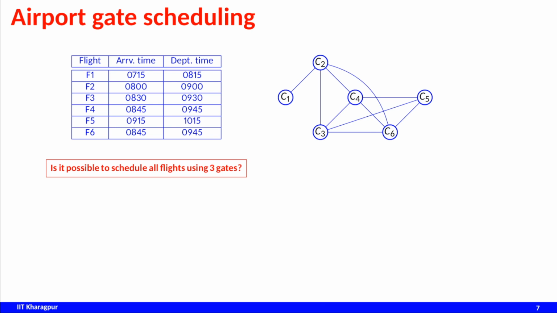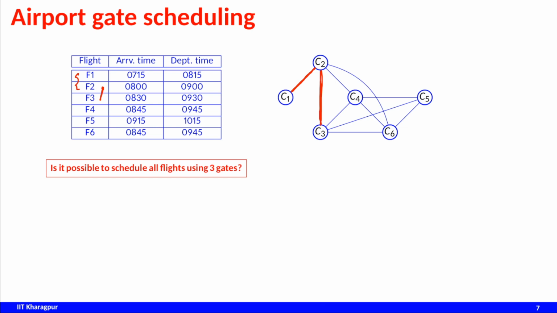If you look at f1 and f2, they have overlapping timing, so I will not be able to schedule c1 and c2 at the same gate, so I have connected them with an edge. Similarly, f2 and f3 are connected with an edge because these two flights cannot be scheduled on the same gate, as they overlap.